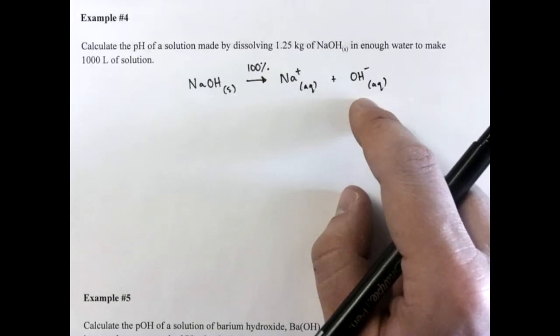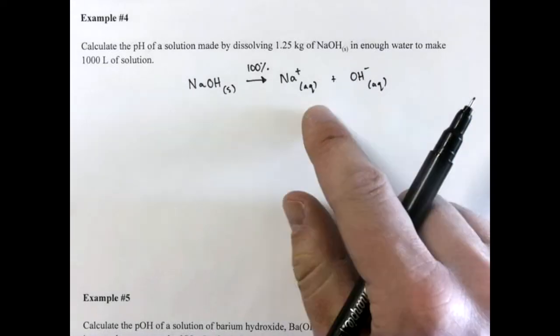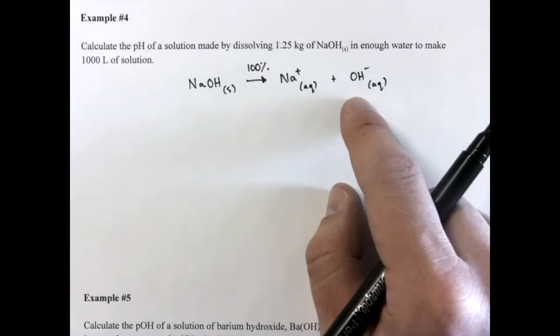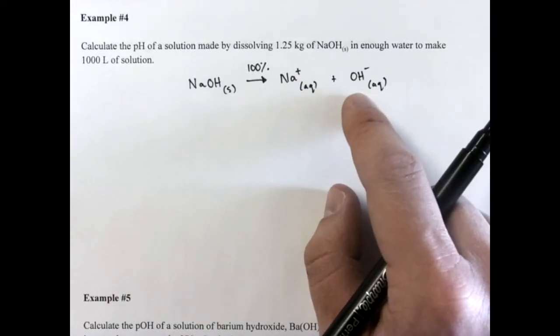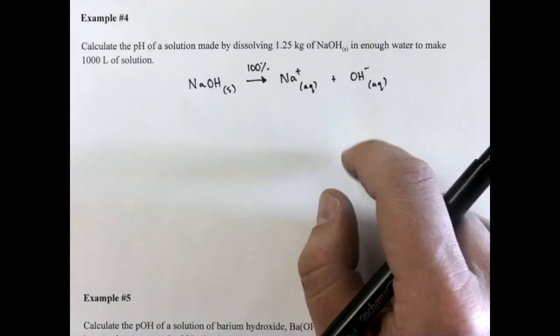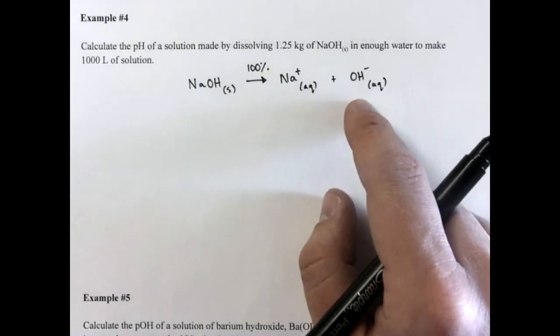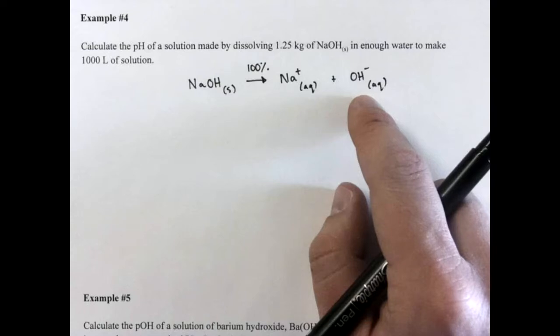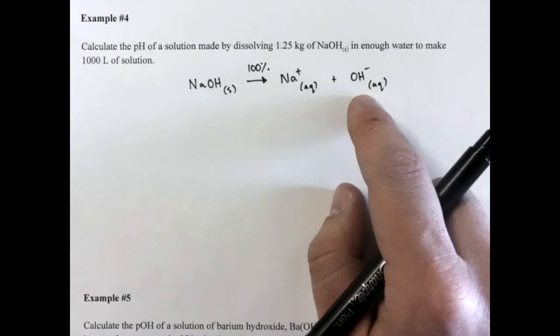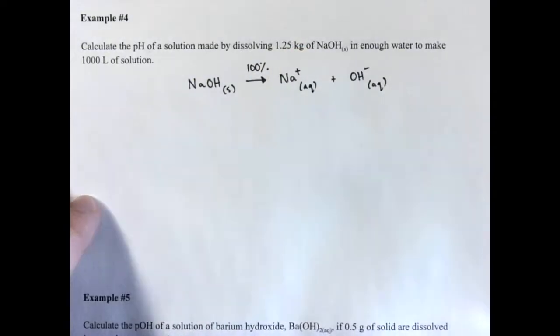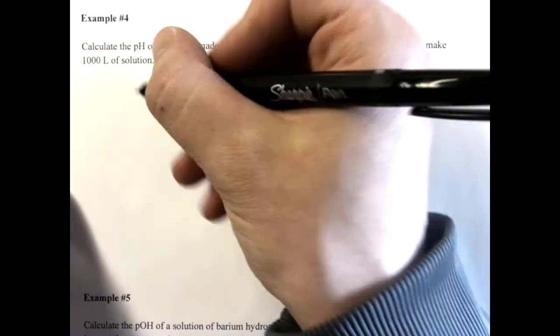If we know pH, we can easily determine pOH through a very interesting, beautiful, and elegant relationship. So anyway, what we're going to do is find the hydroxide ion concentration, and then I'll show you how we can work our way up to pH. So we start off with 1.25 kilos of sodium hydroxide.